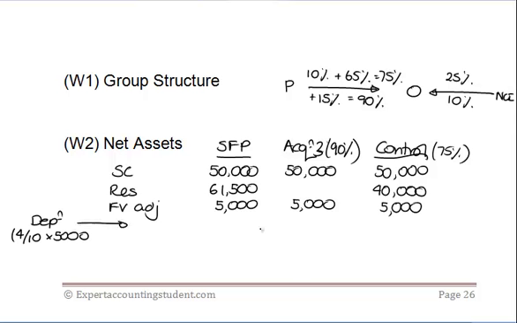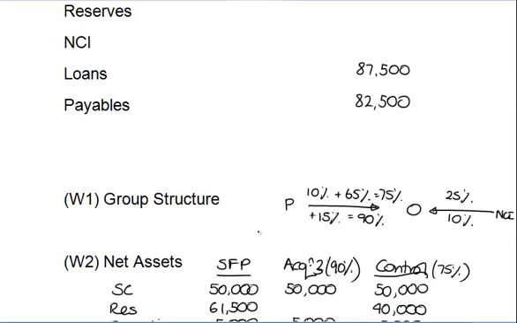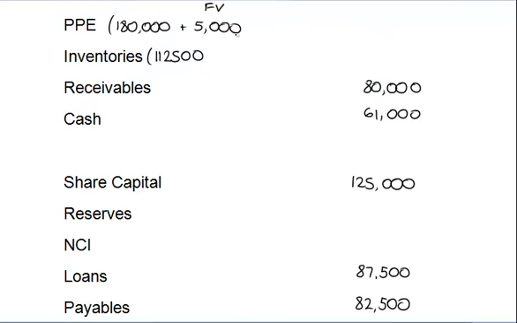So that's our depreciation adjustment. 4/10 of 5 million means at the SFP date, I'm going to reduce the value of the PPE by 2 million. Now we're at the SFP date, so here I'm going to take off 2 million for depreciation.